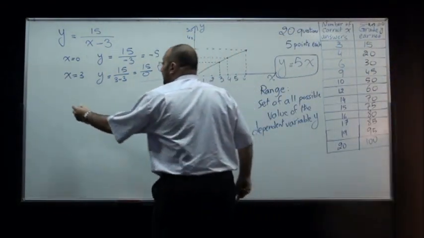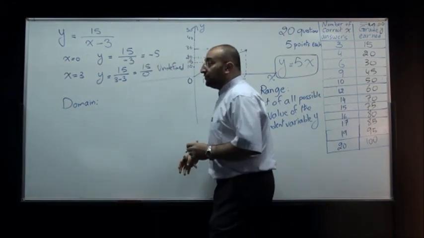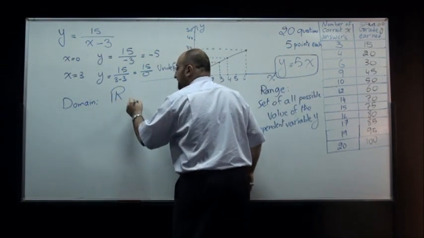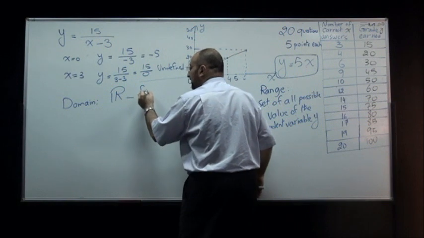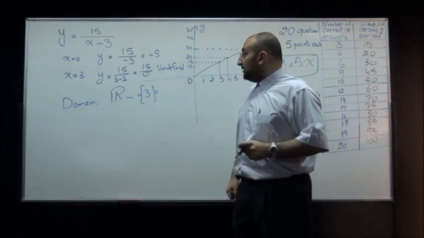And so we say the domain of this function is, we can represent the domain in two different ways. We can say it's all real numbers except the singleton 3, because that's the one that I cannot use.